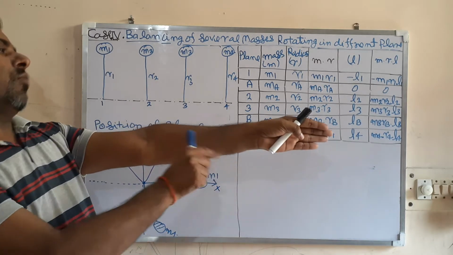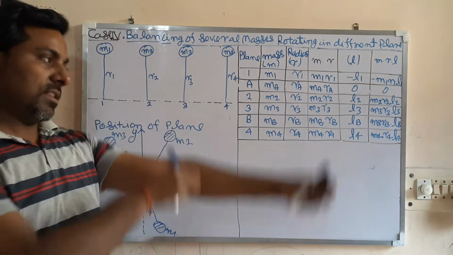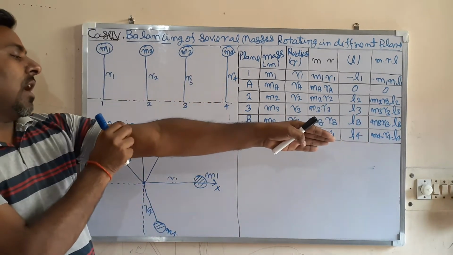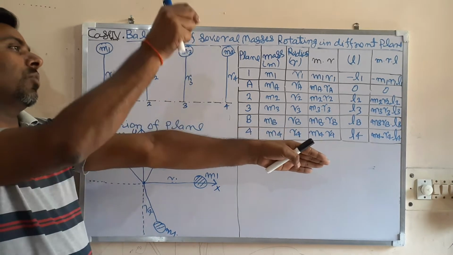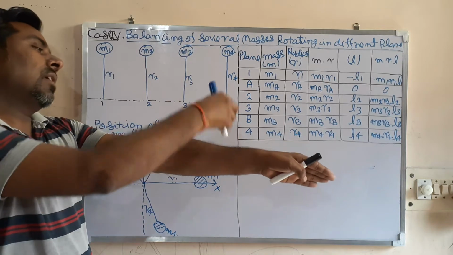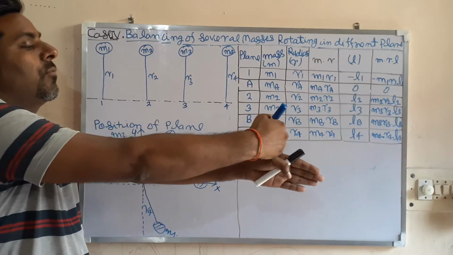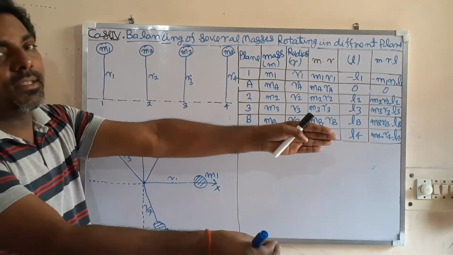So when you see from here, you can see the angular position of the masses. At plane 1, the direction of mass M1 is in this direction. At plane 2, the direction of mass M2 is in this direction. At plane 3, the direction of mass M3 is in this direction. And at plane 4, the direction of mass M4 is in this direction.